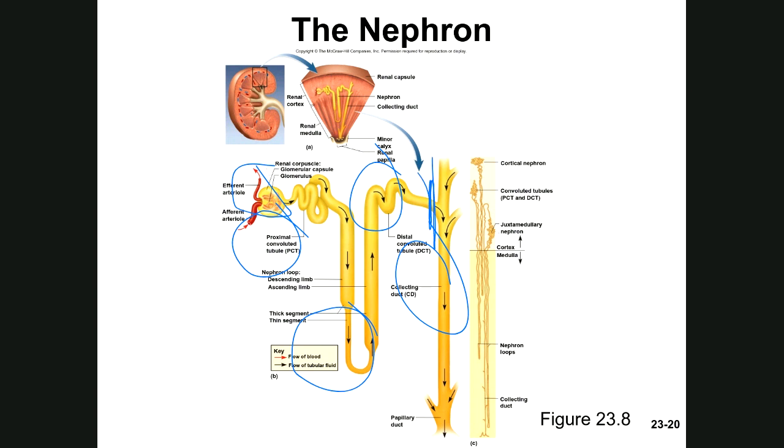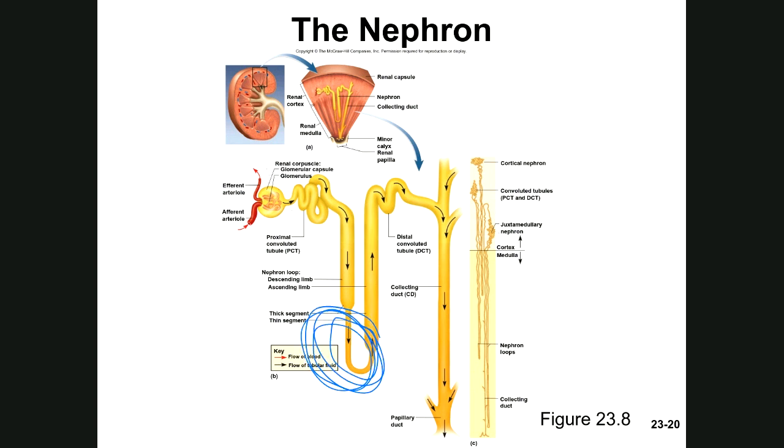Okay? Now, most of the diuretics that we use in medicine work in this area, in the loop. Why in the loop? You can see that for yourselves. The loop is very thin, and because it's very thin, it allows the passage of water.